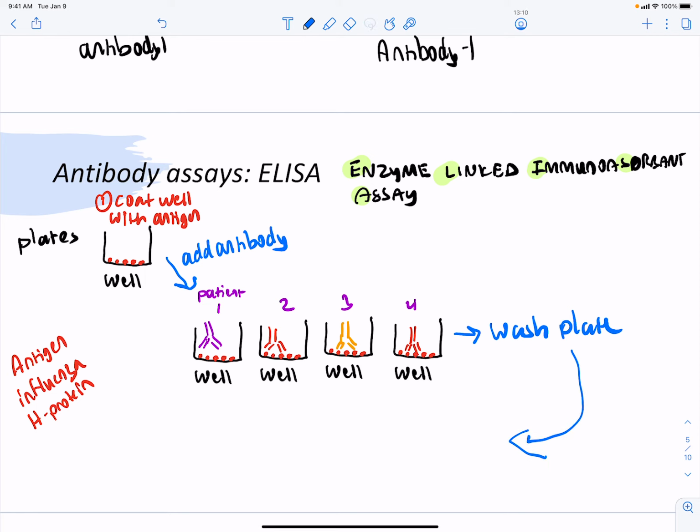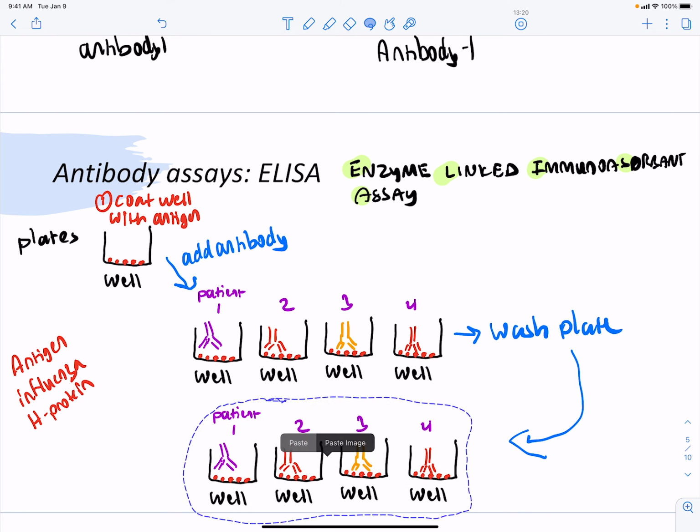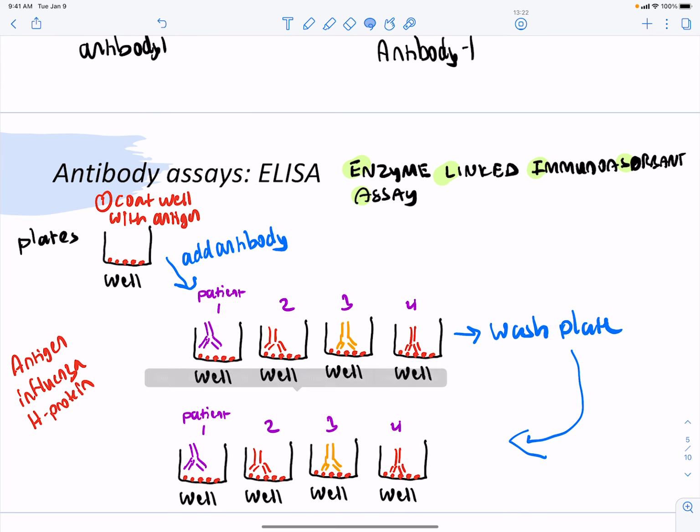After you wash the plate, you add reagents to detect binding of your antigen and antibody.